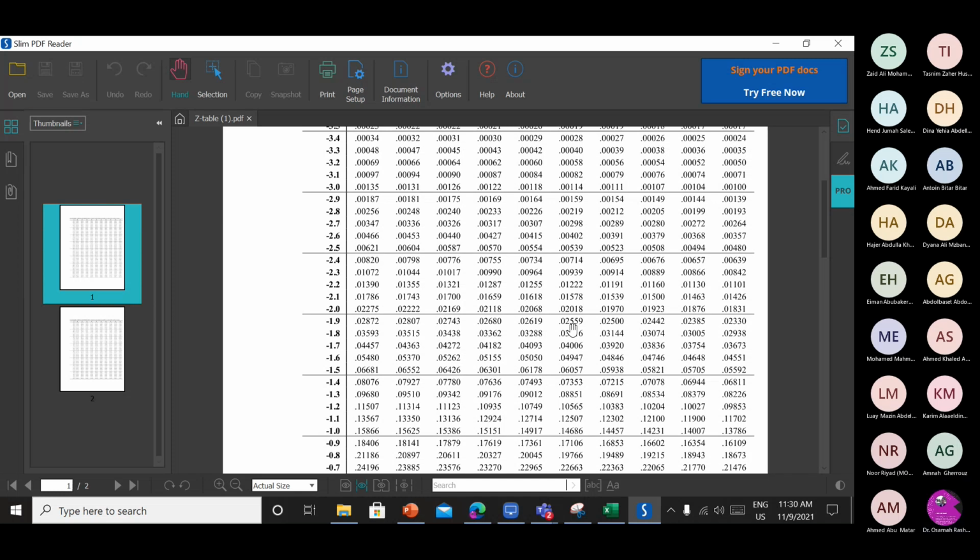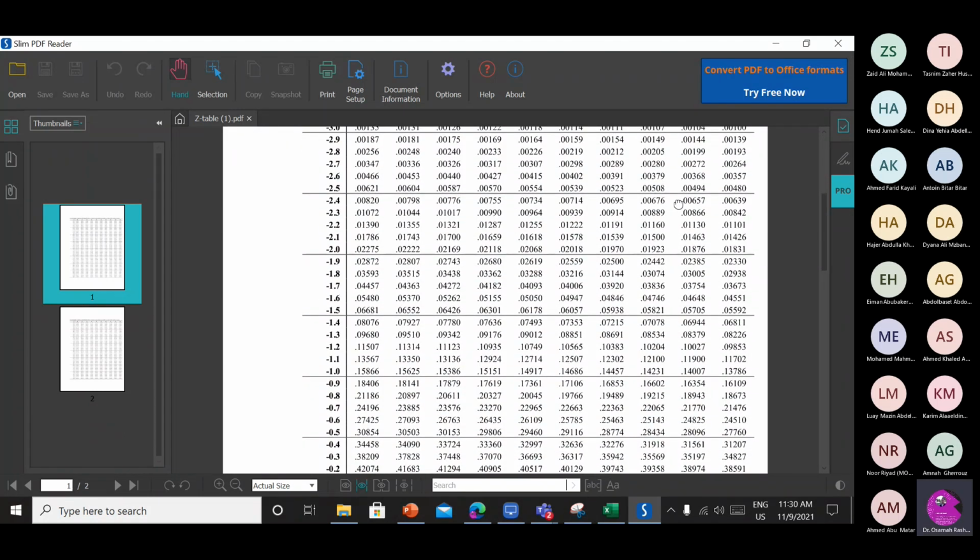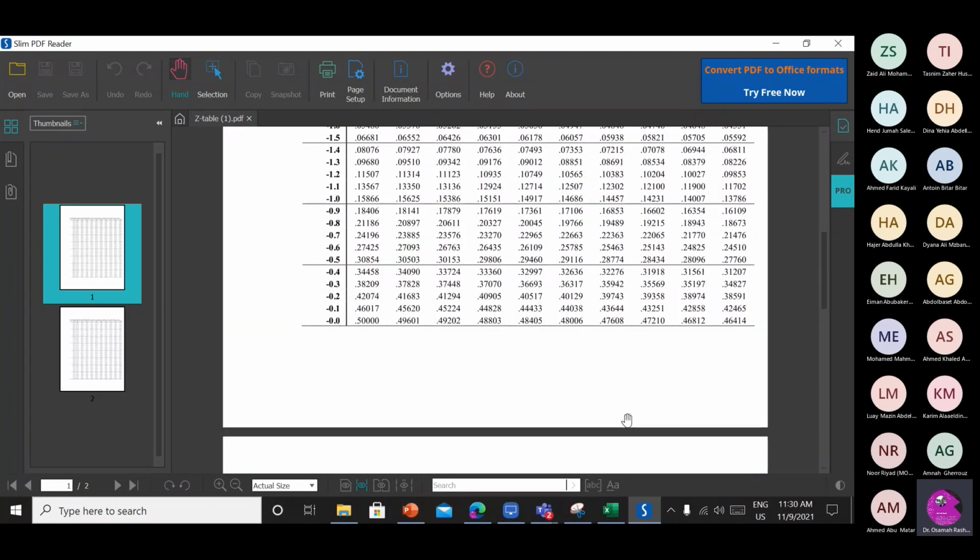Is it, guys? Yes, doctor. So this is very close to 0.025. What is it? It will be minus 1.9. And here, if I go up to here, this is closer to 0.025. So it will be 0.06, right? Okay. If I don't have the Z negative table, I have only Z positive, so what am I going to do?